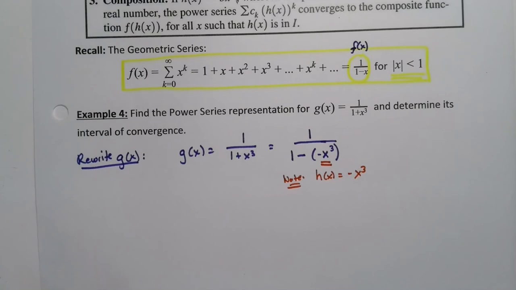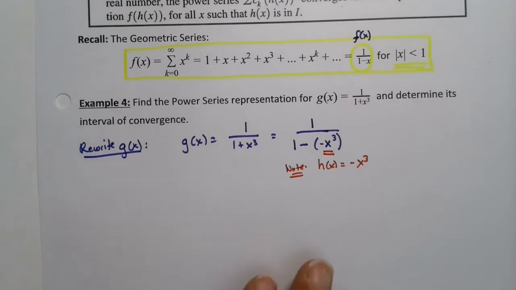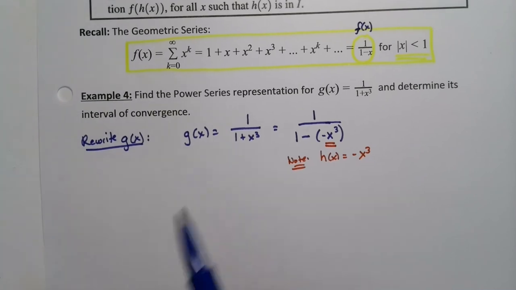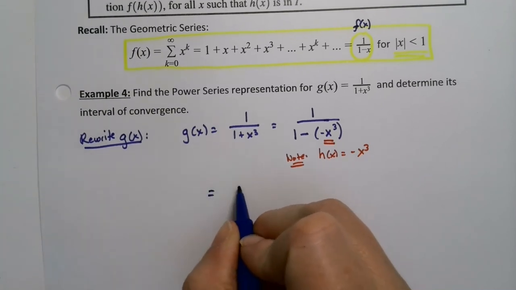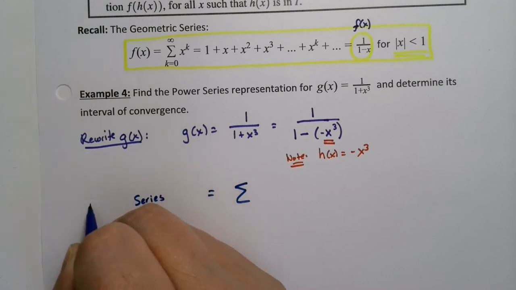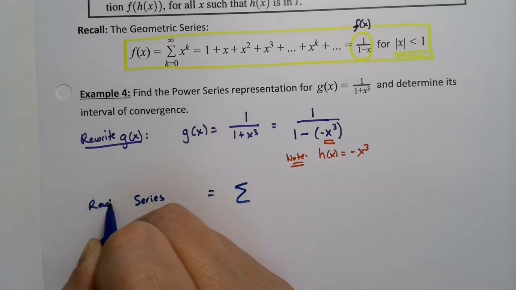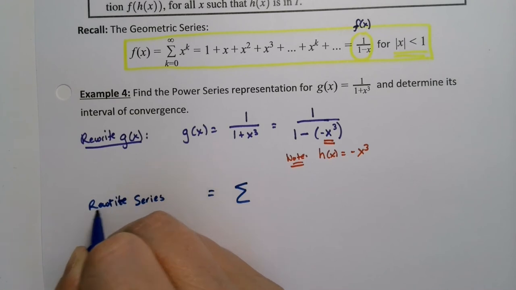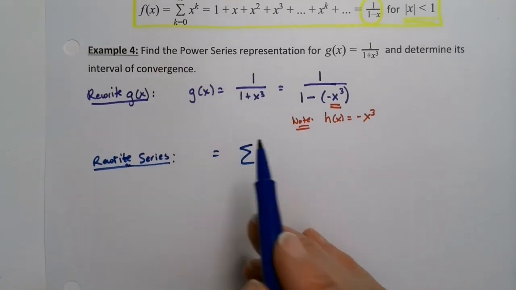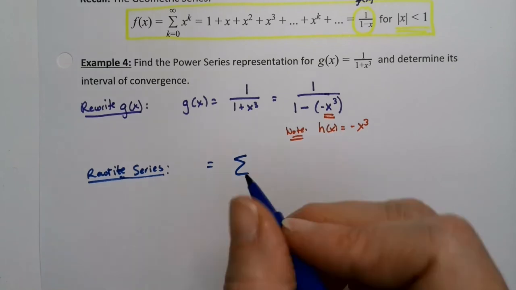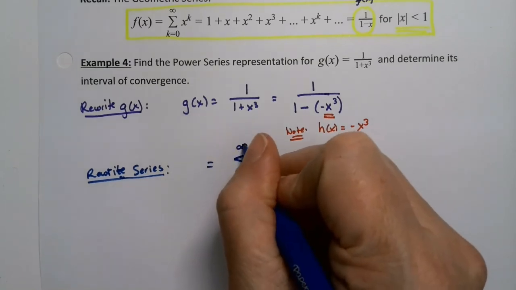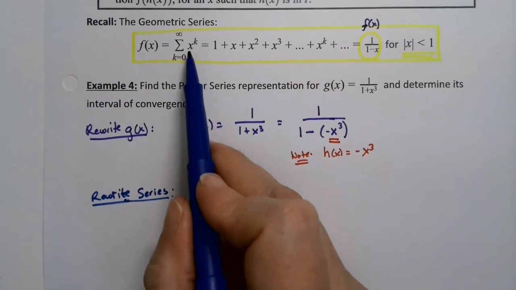Okay, so now let's rewrite our series. So we rewrote g of x. Now let's rewrite the series, because they're tied together, right? So we rewrote the function. Now we're going to rewrite the series, and they're equal to each other because the functions they're built from were equal to each other. I'm going to go from k equals 0 to infinity, and it was x to the k.